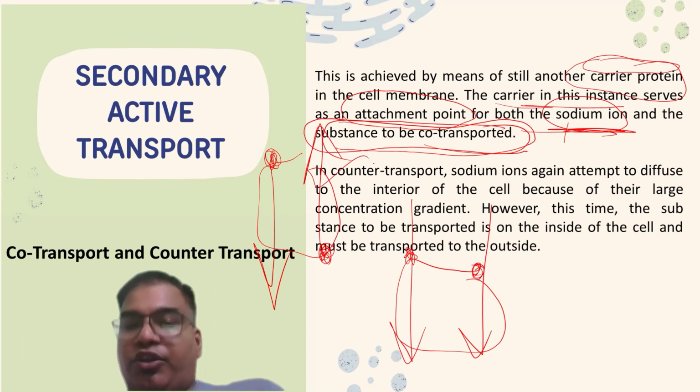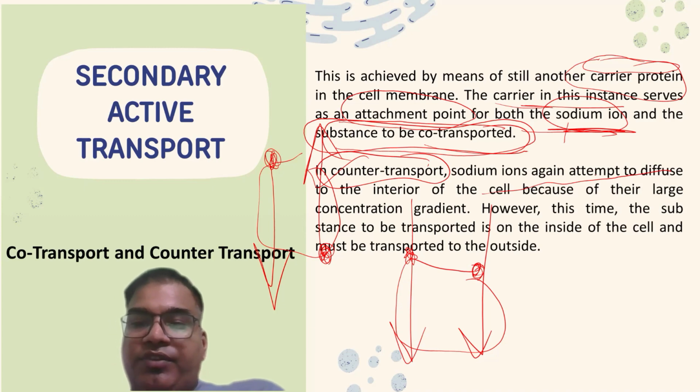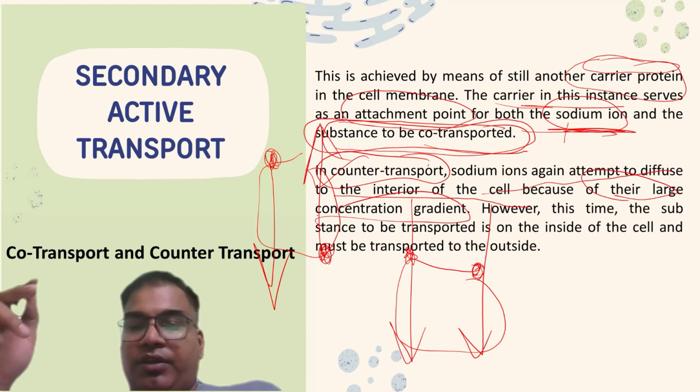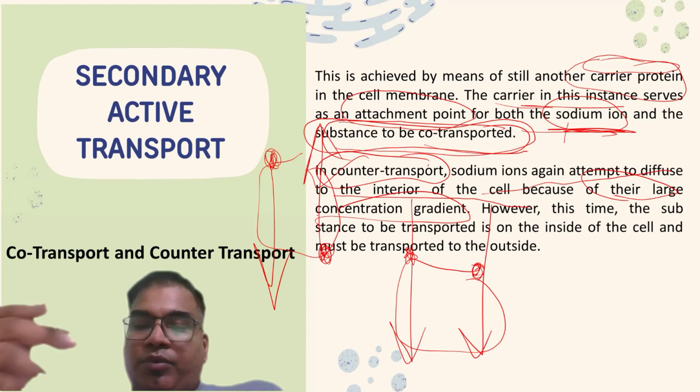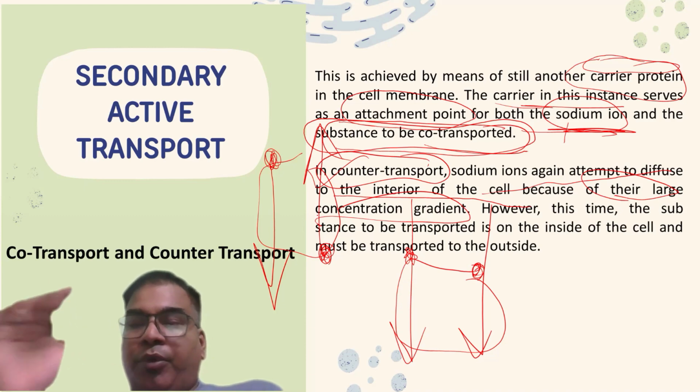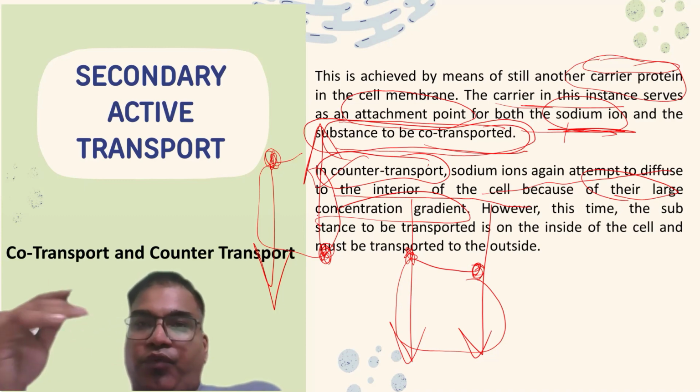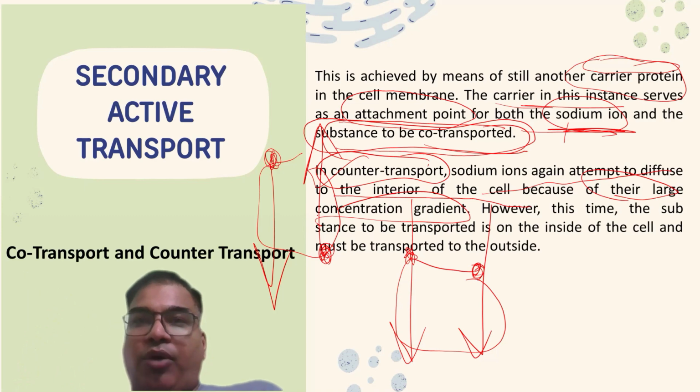So in counter transport or antiport, sodium ions have a tendency to diffuse to the interior of the cell because of their large concentration gradient. That concentration gradient is generated because of the primary active transport which moved sodium out of the cell by using energy.